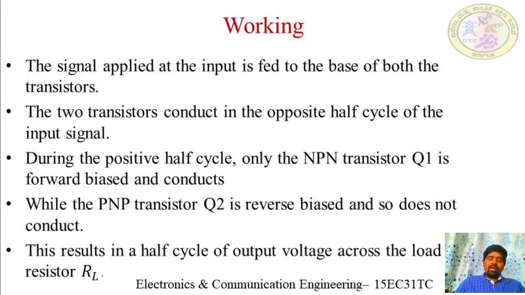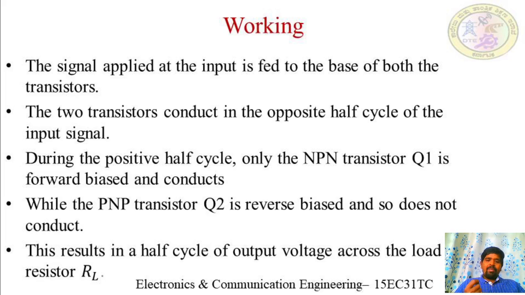Working principle, how exactly it works. The signal applied to the input is fed to the base of both the transistors, correct? So we are applying a signal that is given to both the transistors. Two transistors conduct in opposite half cycles of the input signal.